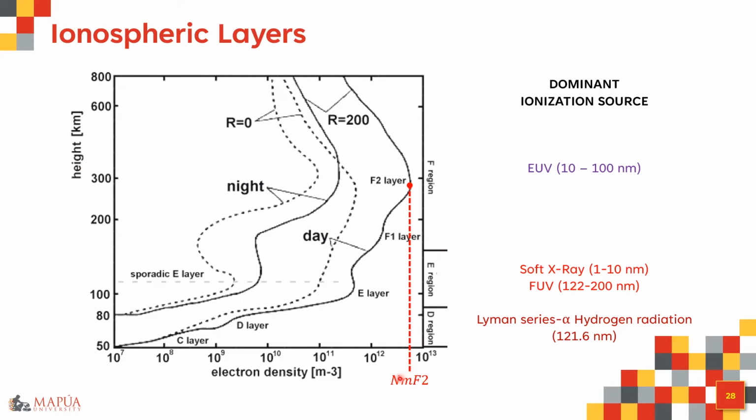If we read papers about the ionosphere, some papers describe it in terms of the NmF2, the maximum density at the F2 layer. This happens at the hmF2, the height in the F2 layer where maximum ionization happens. It is very important to know the NmF2 because most of the ionization happens in the F2 layer, especially in the daytime.